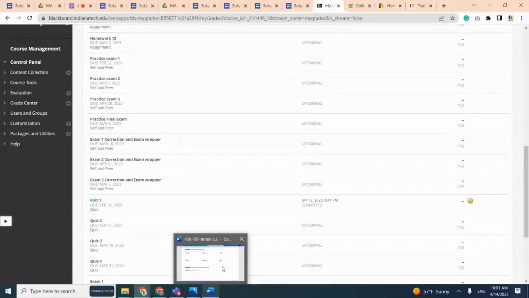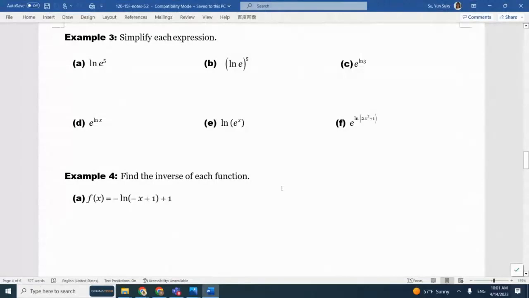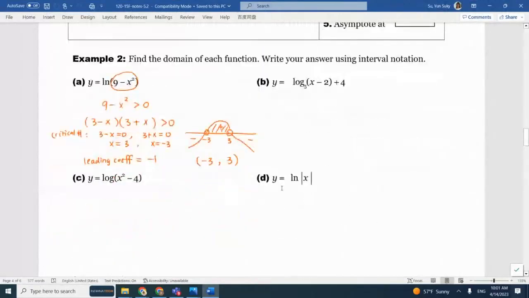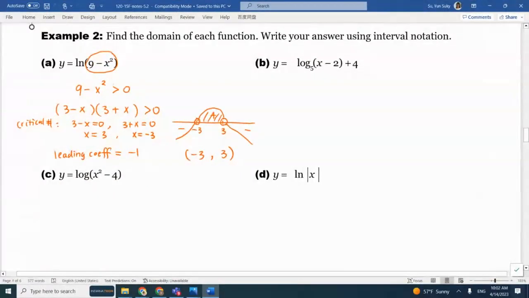Okay, so continue with 5.2. Last time we talked about the logarithmic function. The logarithmic function is the inverse function of the exponential function. So we have the logarithmic form and the exponential form. If y equals e to the x, this is the exponential form, and then the logarithmic form will be x equals ln of y.